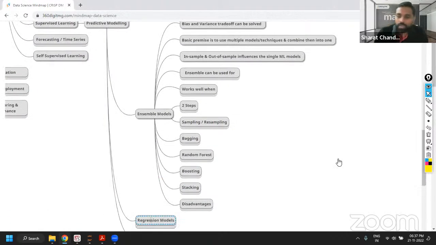Whenever we talk about any algorithm, we generally say that the model is performing at XYZ accuracy. For example, if I talk about a classification model, we will say it's having 95% accuracy.